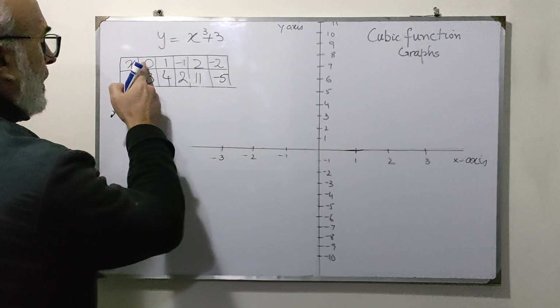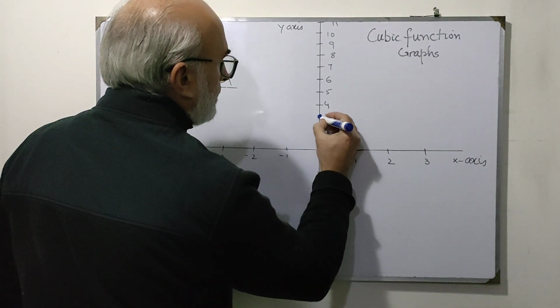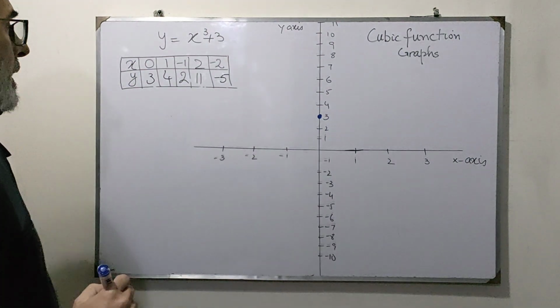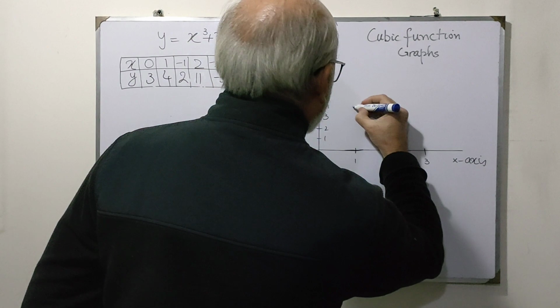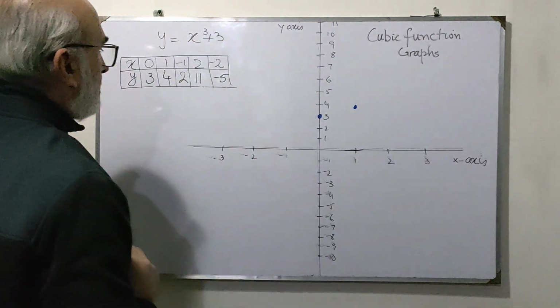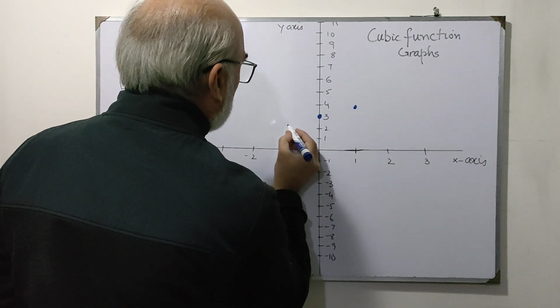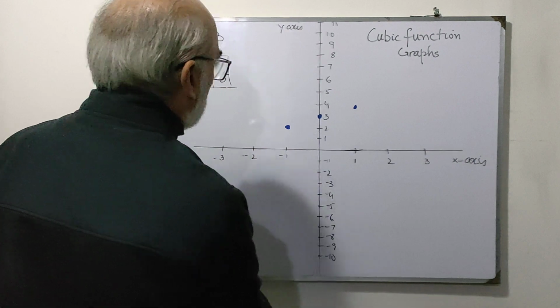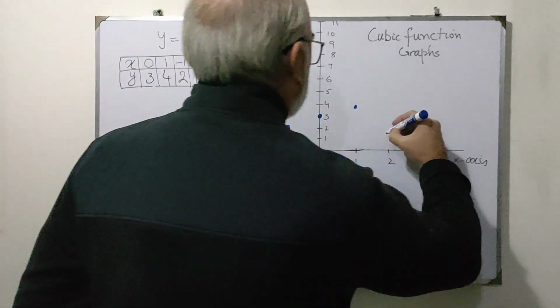Okay. So first point, x is 0 and y is 3. So this is the first. 1 and 4. This is our second point. Minus 1 and 2. 2 and 11.